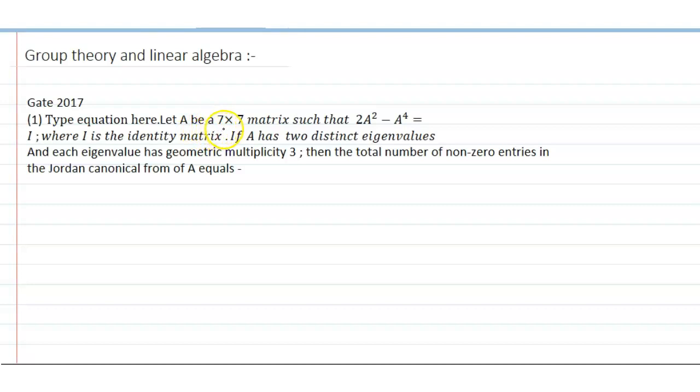Let A be a 7 cross 7 matrix such that 2A squared minus A to the power 4 equals 1. This polynomial is called the annihilating polynomial.